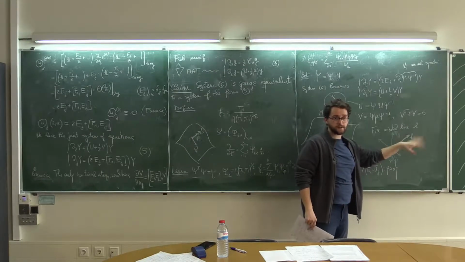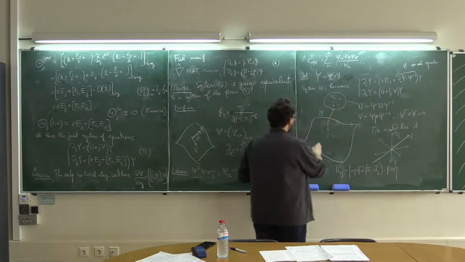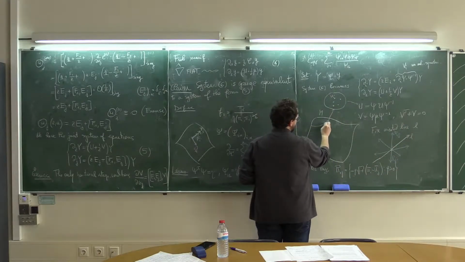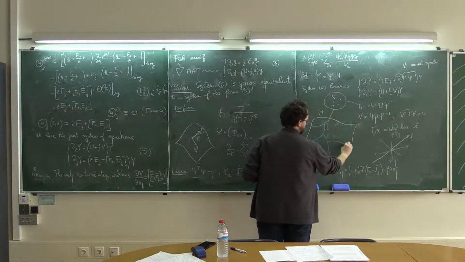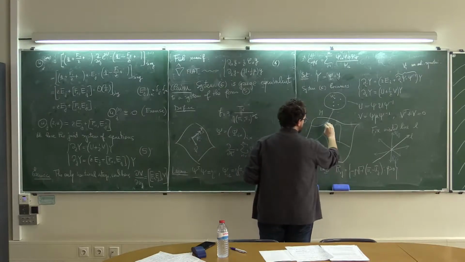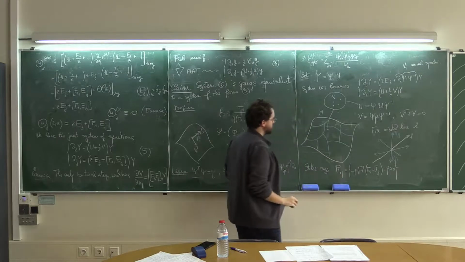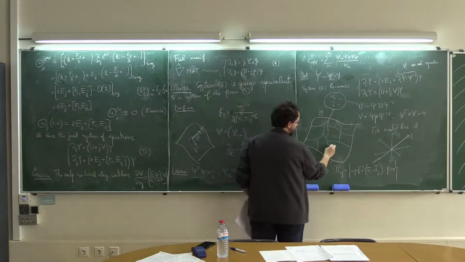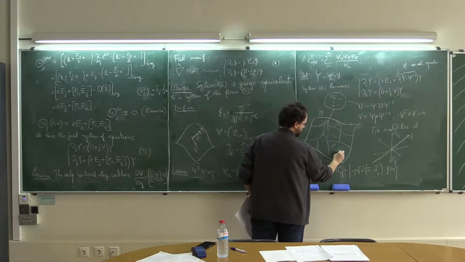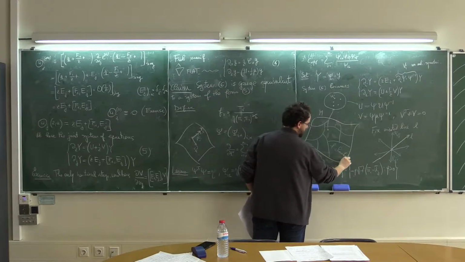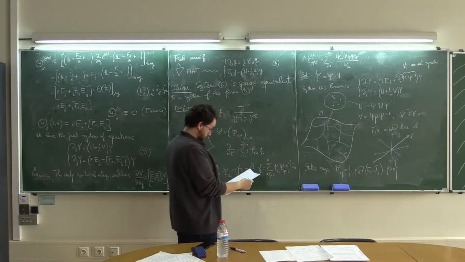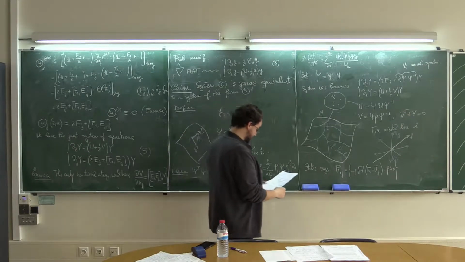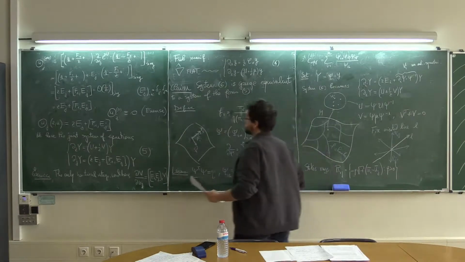So I will discard these points. And this will define a decomposition of the Frobenius manifold into pieces. Each piece will be called an L-chamber of the Frobenius manifold.